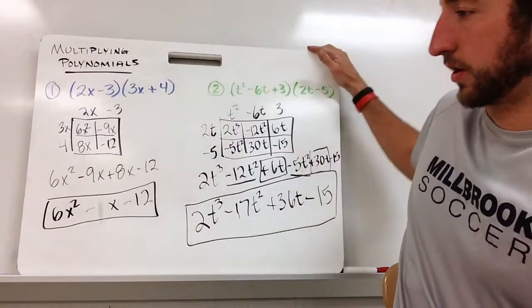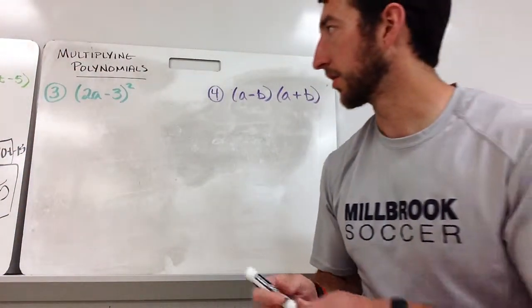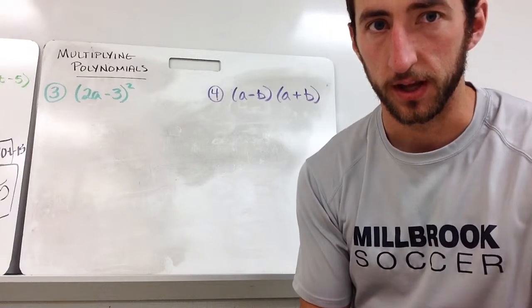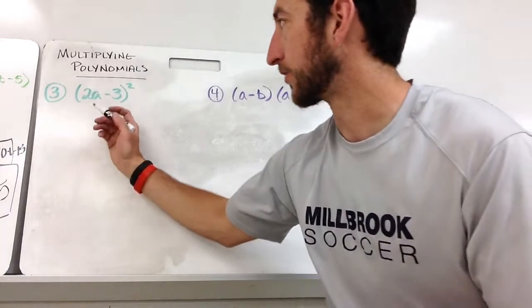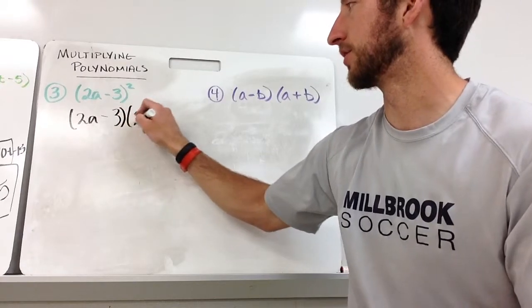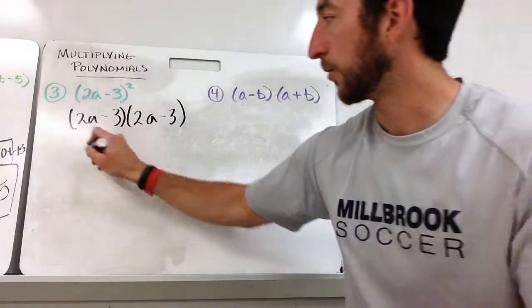So let's try two more, then we'll do a little word problem. That'll be it. Whenever you have a square, what that's going to do is multiply it by itself. So I'm going to rewrite this like this, and I would recommend you do the same thing every time you see that square, just so you know what it means.